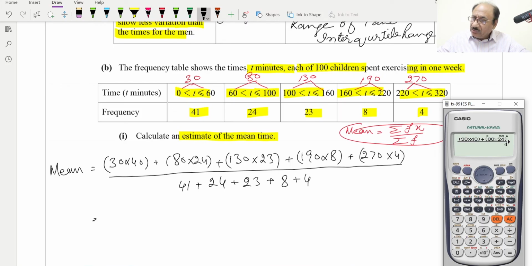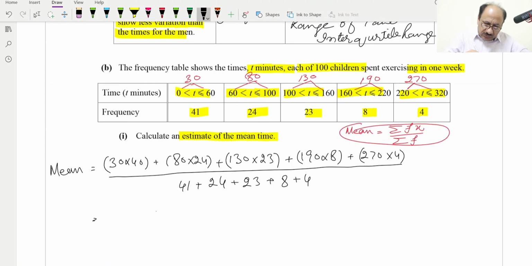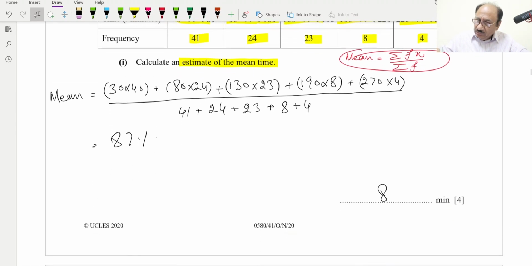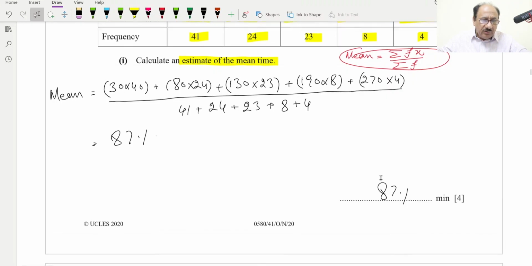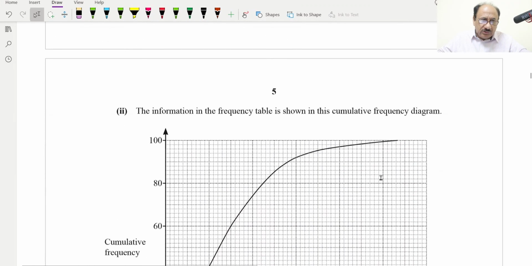Our calculations are correct, so we are getting 87.1, so our answer will be 87.1, and we can write over here 87.1. Hopefully everything is fine.